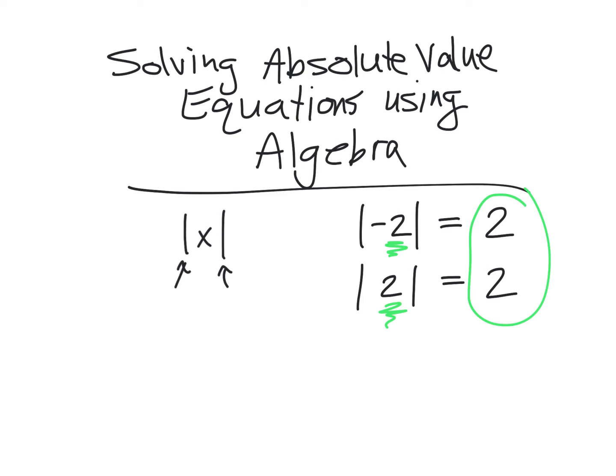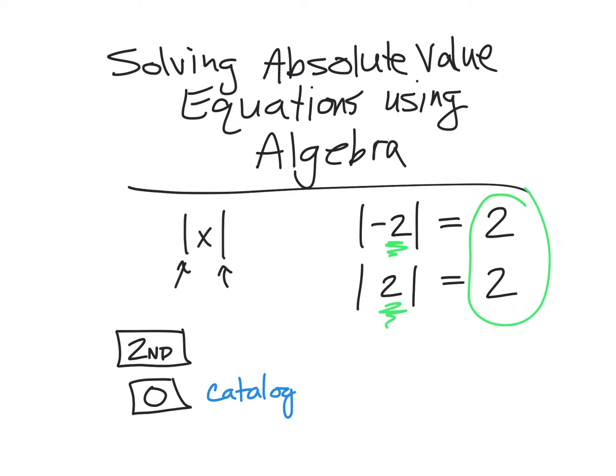So another thing we need to note is where do we find absolute value on our calculator? On our calculator, if you press the second and then the 0 button, right above that in blue is the word catalog. And catalog allows you to look up any mathematical relationship, terminology on your calculator, doing it alphabetically.